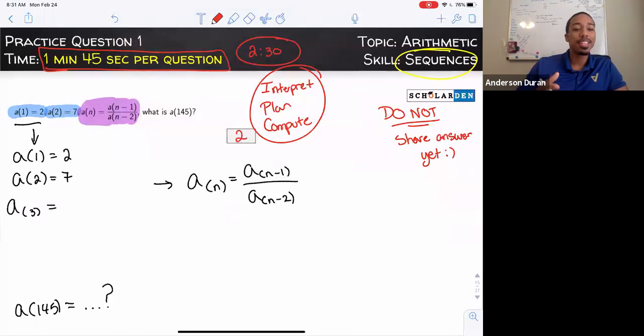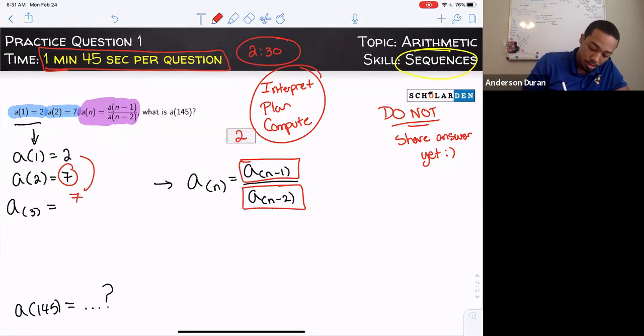Correct, Tisha. Yep, that's going to be 7 divided by 2, because a of n minus 1 means the previous term, which is 7, and a of n minus 2 is 2 terms ago, which was 2. So we are dividing and we receive 7 over 2.